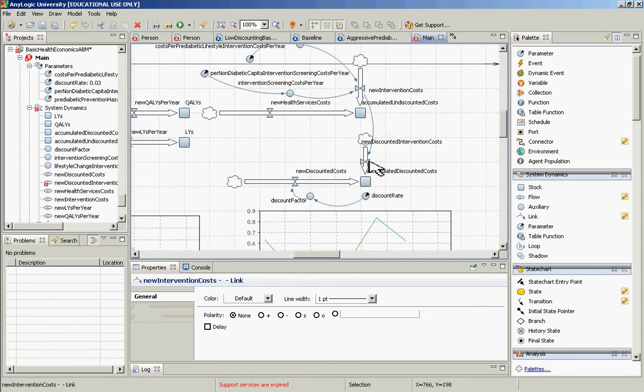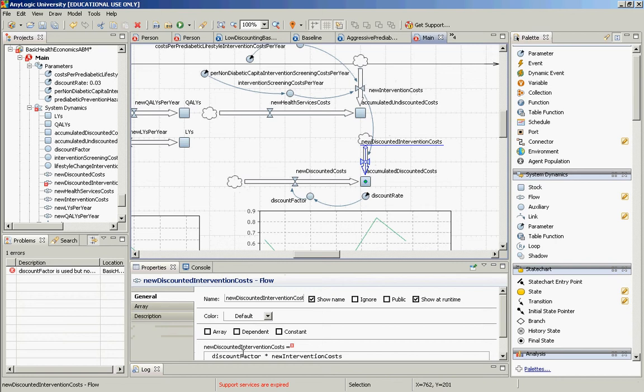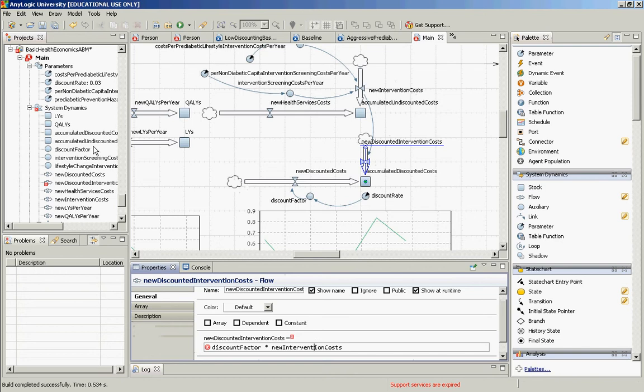We're going to be able to take them into account in a discounted fashion. So we have this discount factor times them. Okay. So let's just see if that builds, and then we can see if we have success here. It does indicate that it built successfully.